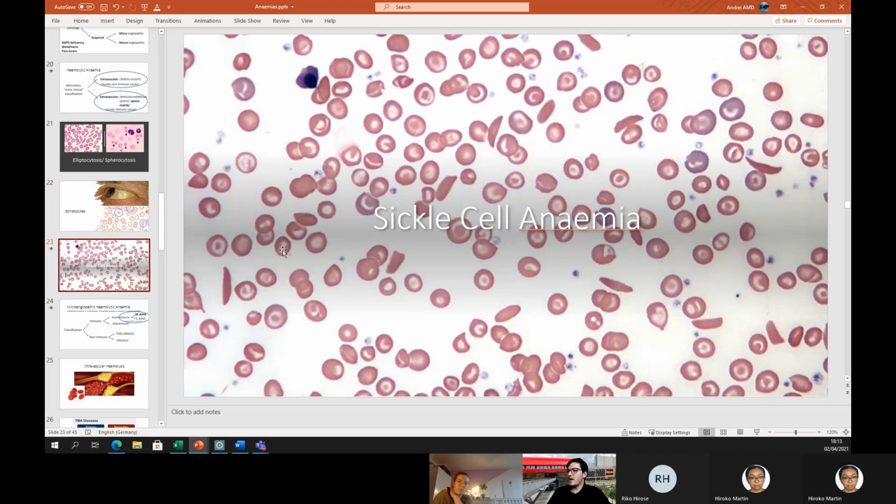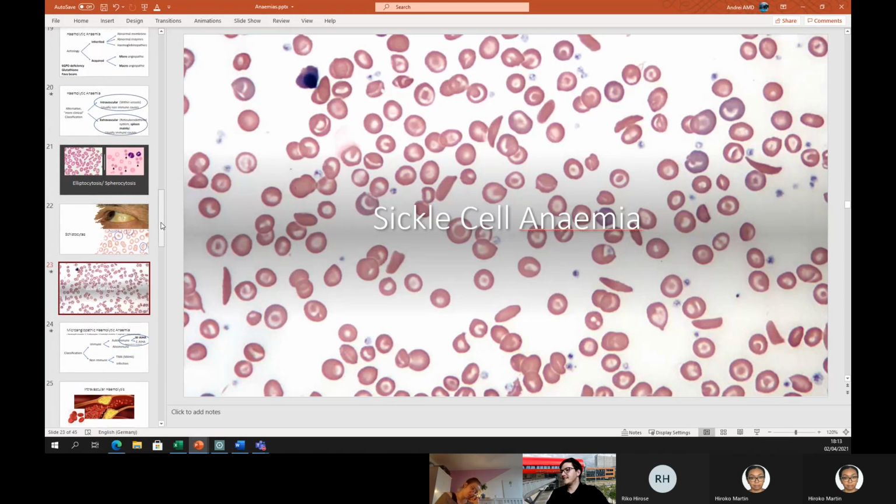Then you have sickle cell anemia. We talked about this a little bit earlier as well. It was an inherited condition that leads to the sickling of red blood cells. Sickling simply stands for the fact that the red blood cells acquire this sickle-like shape.